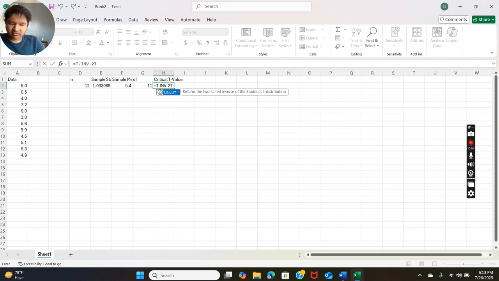So we have this formula, then we write open parenthesis. This function takes two values. One is your confidence level and the other is the degrees of freedom. Again, we're calculating a 95% confidence interval, so the confidence level is 95%, but we can't just write 95% here.